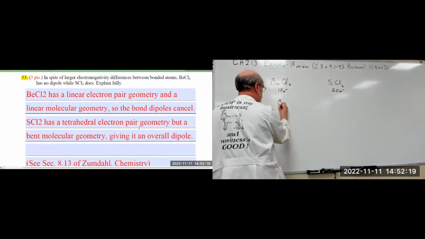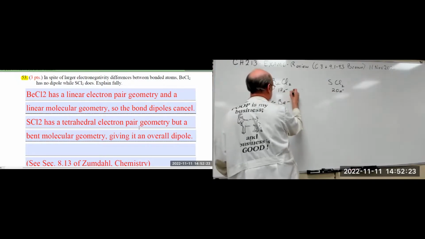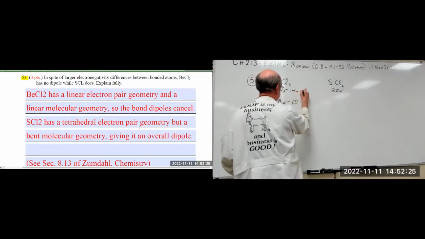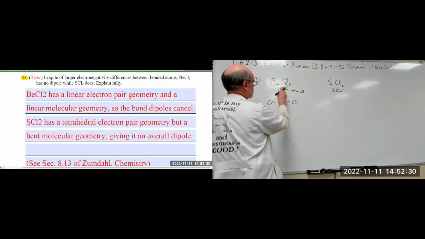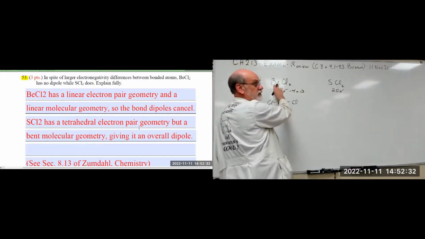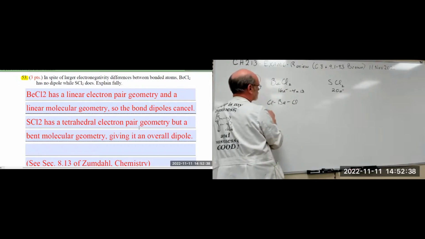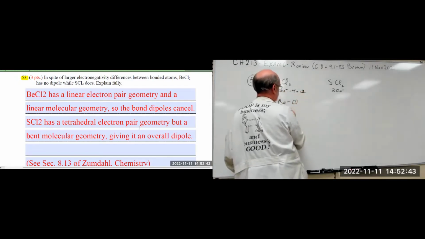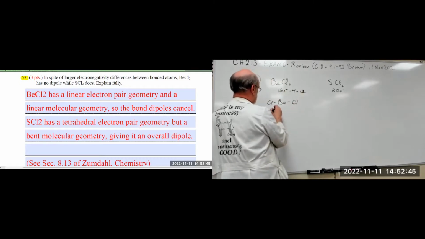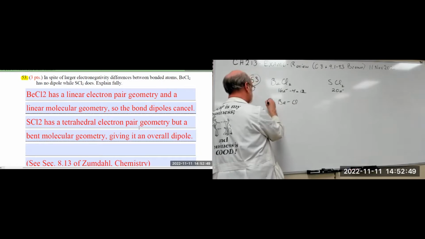Okay, so if we draw the structure, 2 plus 14 is 16, minus 4 is 12. Okay, so we got 12 left over.